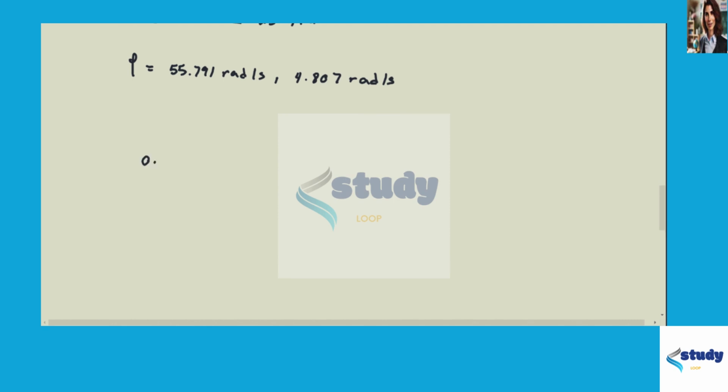And so we have 0.83385 newtons times 0.03775, and that's meters, equals 37.485 times 10 to negative 6, times 188.496 radians per second, and we have phi.